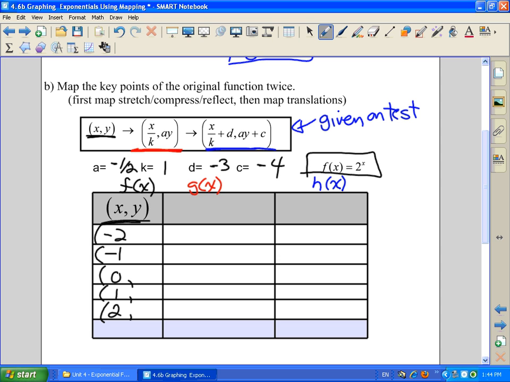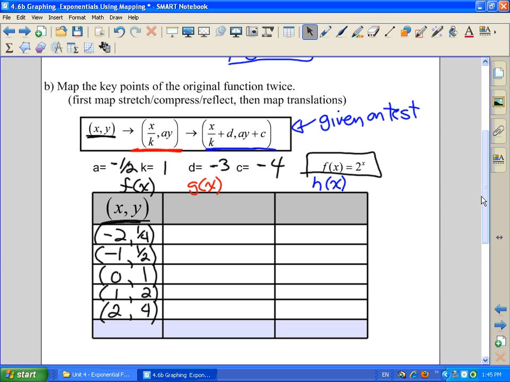And then you can either recall from last day's lesson what those answers are, or plug them into your calculator or your equation. So 2 to the negative 2 is going to be 1 over 4, then 1 over 2, then 0, 1, that was your common point from last lesson. Then 1, 2, that tells us your growth factor. And 2 to the power of 2 is 4.